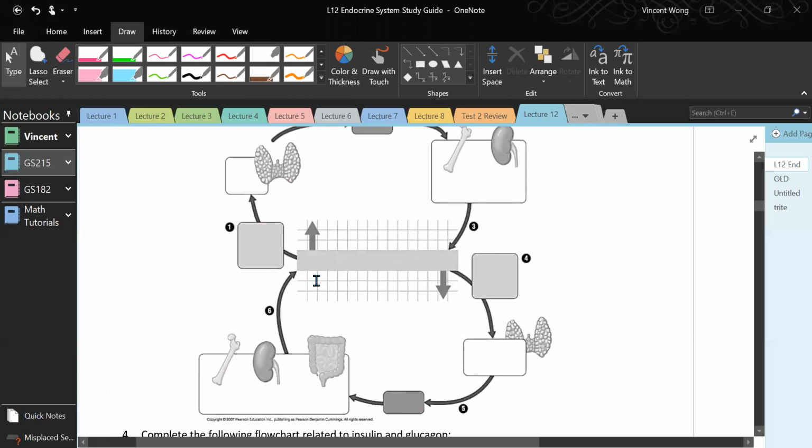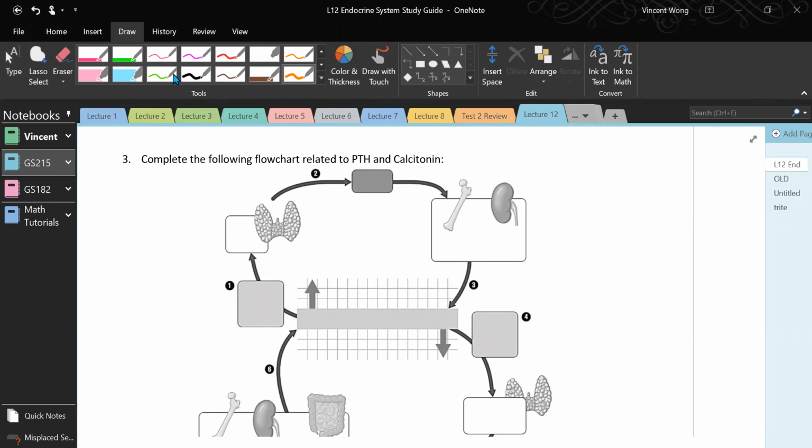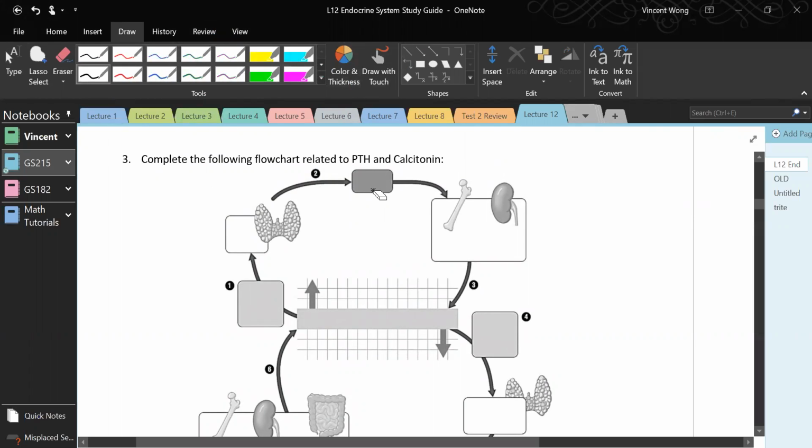Next one, complete the following chart related to PTH and calcitonin. Again, we learned about PTH and calcitonin in the bone unit, but it's closely related to what we're talking about here. In the middle, we would have normal blood calcium level, the homeostatic level of blood calcium.